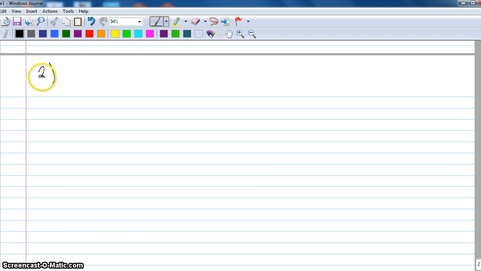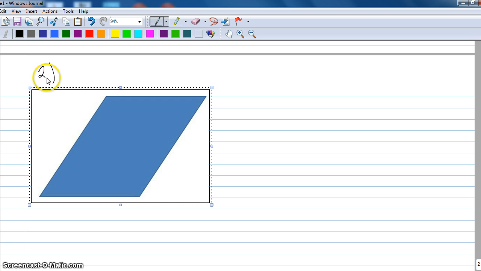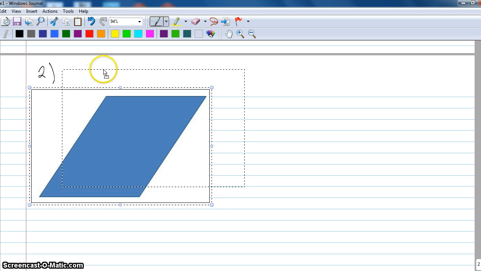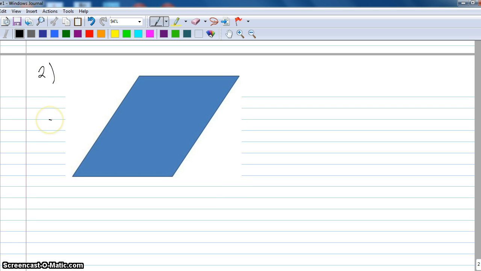Alright, number 2. Opposite angles are congruent. So A, B, C, and D. Angle A is congruent to angle D. And angle D is congruent to angle A, vice versa.